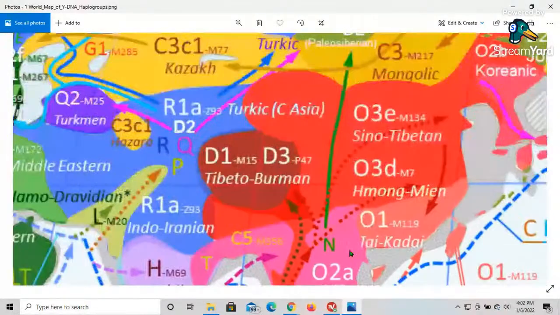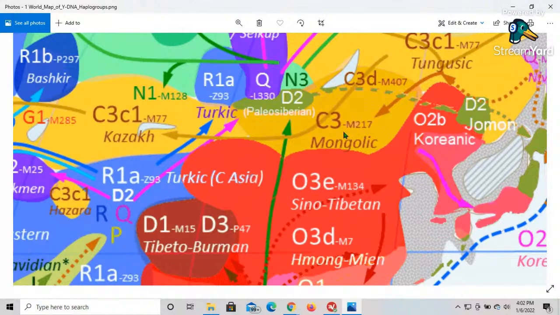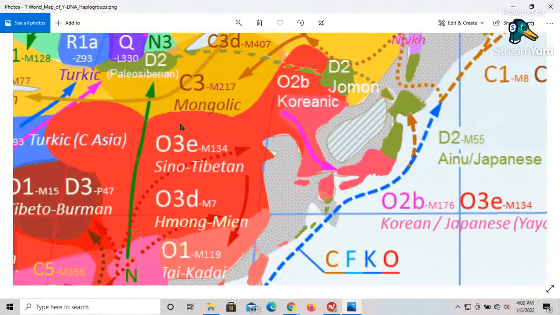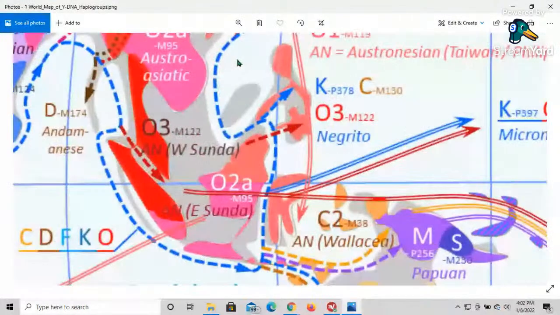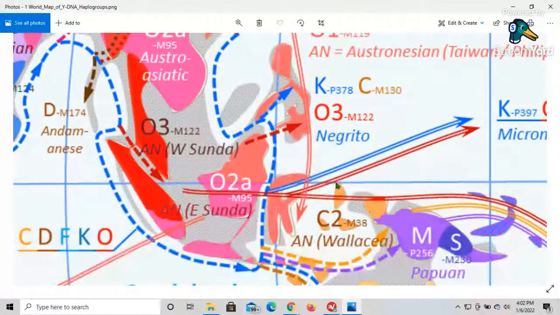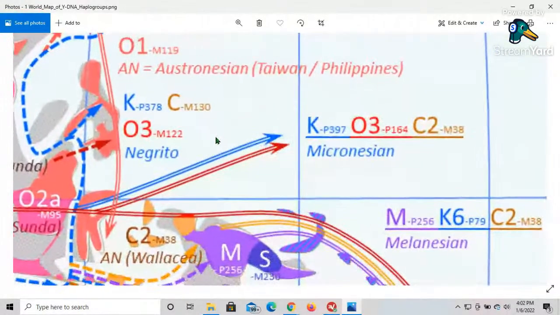Because the largest population here in the world, the largest haplogroup in the world is the O paternal Y chromosome in Asia, which is Korea, China, Japan, part of Japan, and throughout the Pacific Islands as well, to a certain extent.